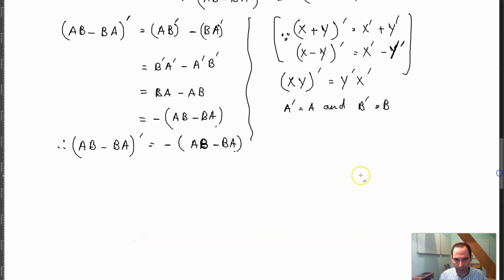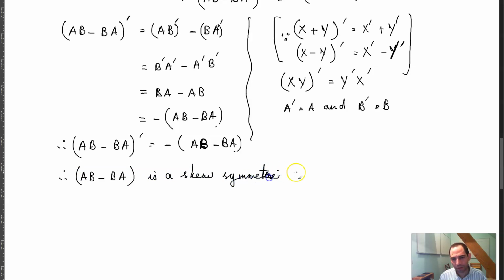Therefore you can say that AB minus BA is a skew-symmetric matrix. Okay, that was number 4.